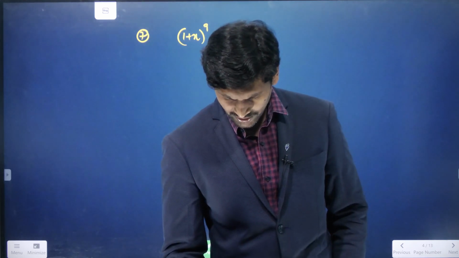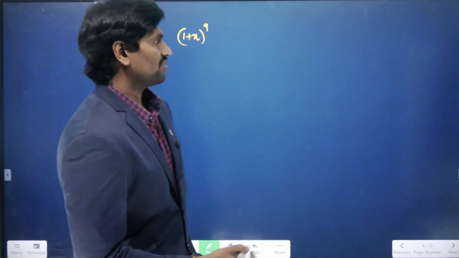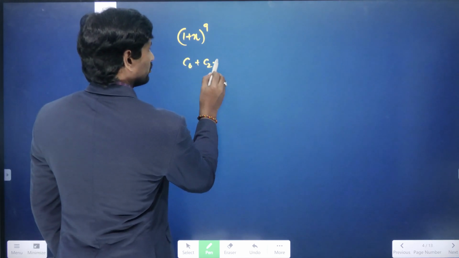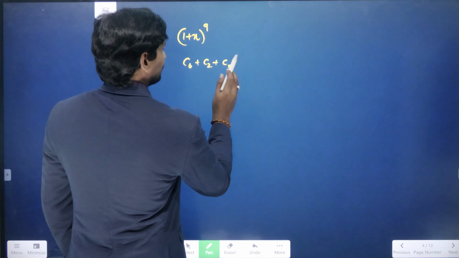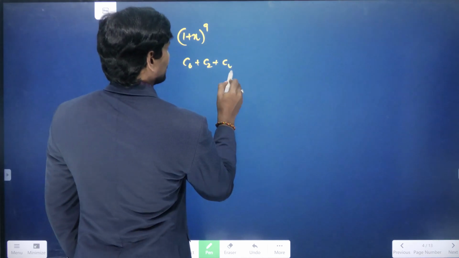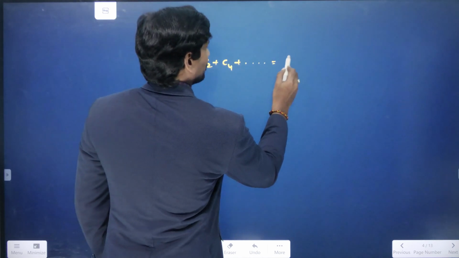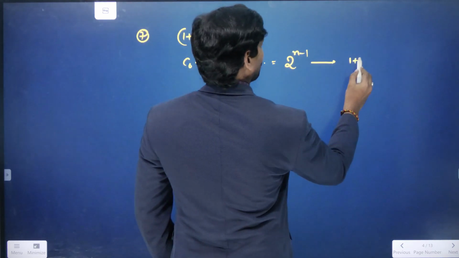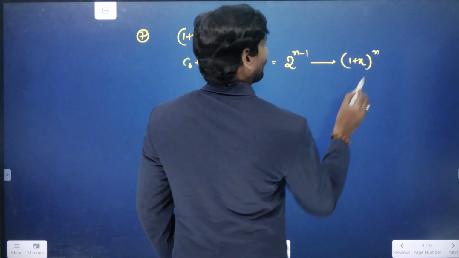We already discussed that C0 plus C2 plus C4 and so on equals 2 power n minus 1, in the form of 1 plus x whole to the power of n.